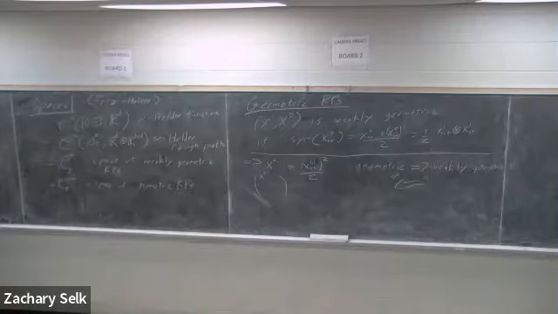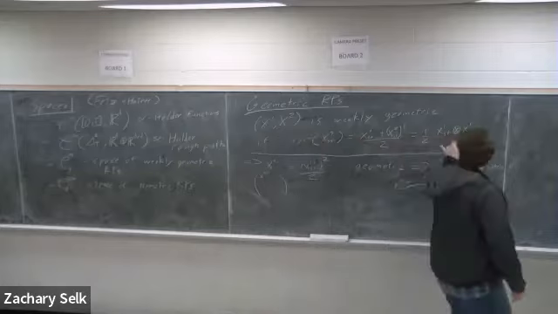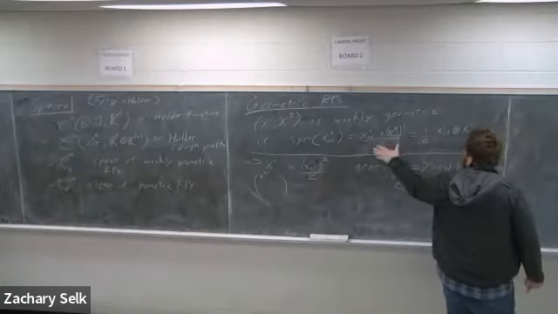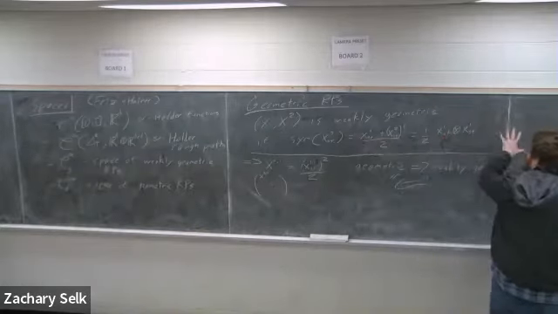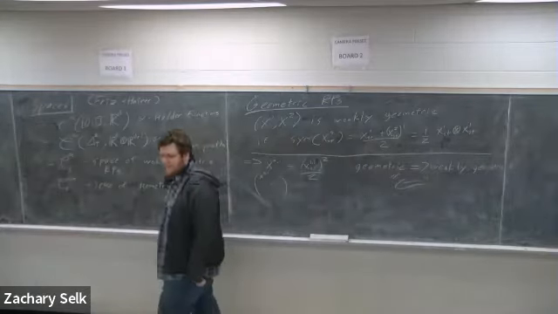Sure. I mean, yeah, that's a good question, right? So if you're just given some generic rough path, what you can do is you can just look at this, right? You can look at this and then just subtract off this part. And then whatever is left over is going to be the thing you have to remove, right?